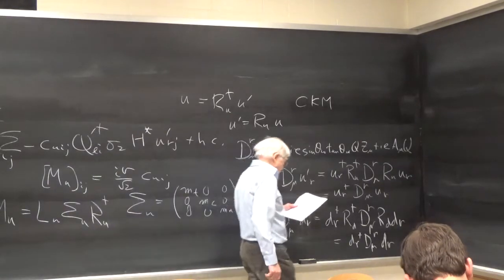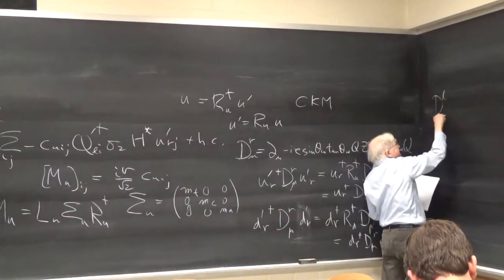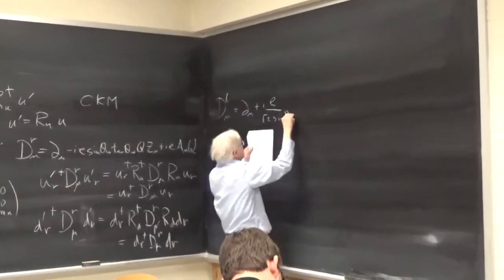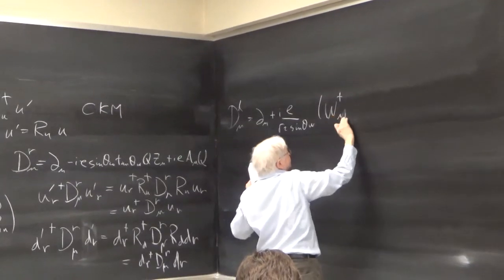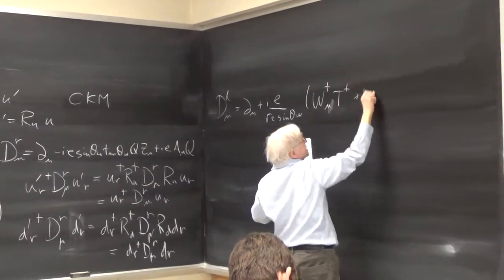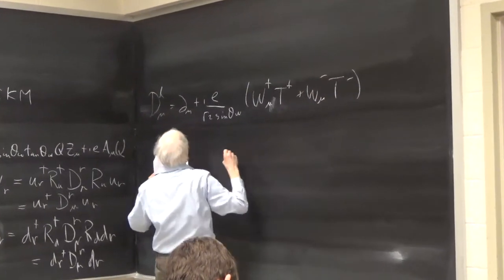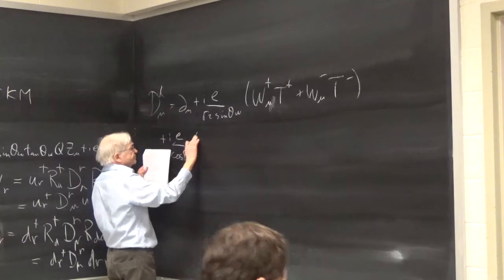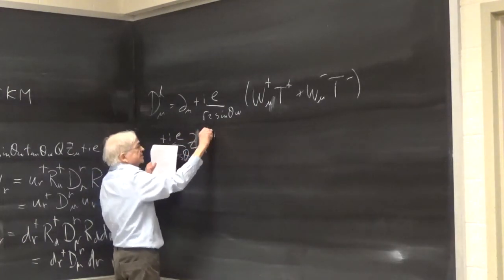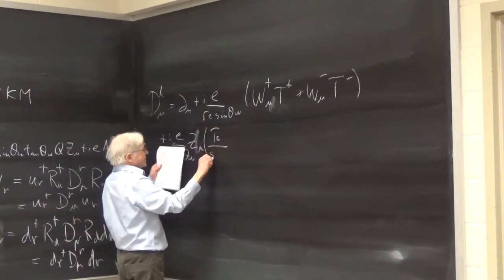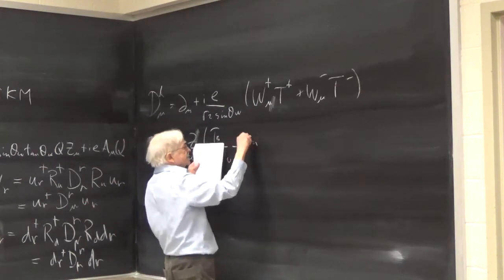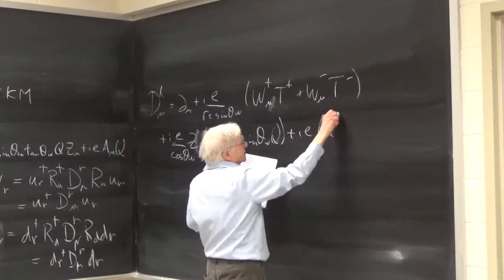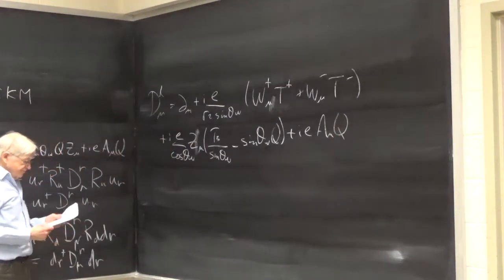On the other hand, the covariant derivative for the left-handed fields is d mu plus i e over root 2 sine theta W, W plus mu T plus, W minus mu T minus, plus i e over cosine theta W Z mu (T3 minus s squared Q), plus i e A mu Q. So they're all these terms.